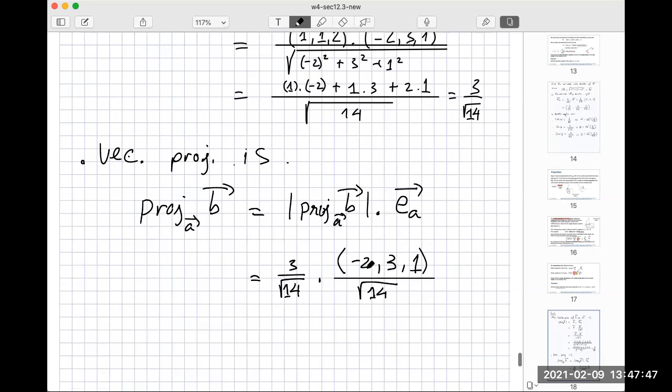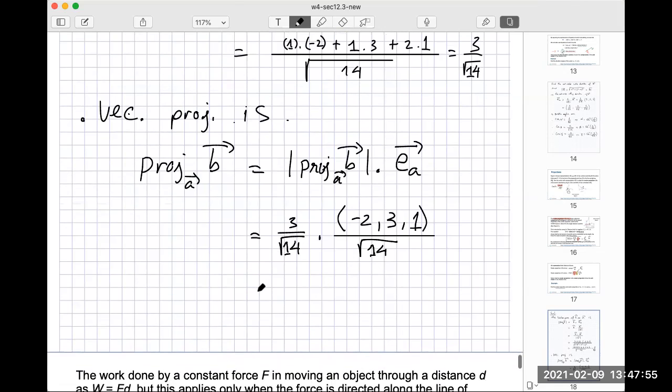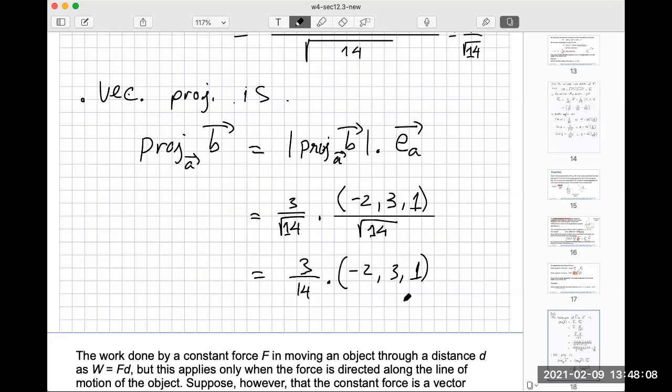Okay. This is simply a product of a scalar and a vector. So it will be 3 over 14, very good, times -2, 3, and 1, right? In the exams, you can stop here, right? Or we can simplify it further.